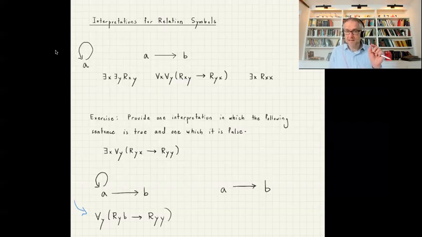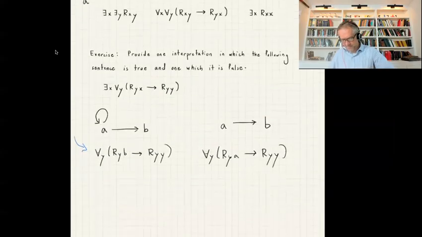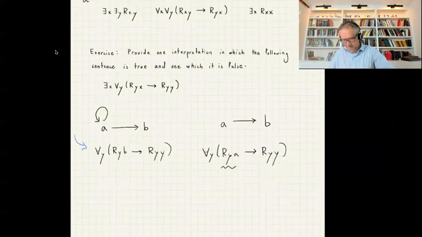A, because nothing bears the relationship to A. So it is true by vacuous truth that anything that bears the relationship to A in this picture on the right, A arrow B, bears the relationship to itself. So the following is true, that anything that bears the relationship to A bears the relationship to itself, because this first bit is always going to be false.